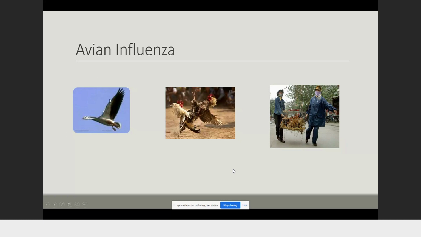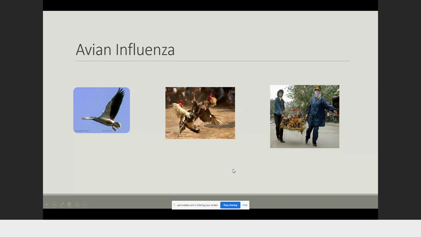This is because wild birds are the main reservoir of avian influenza virus, and most of the time they won't show any clinical signs. Ducks are also one of the wild birds and always show positive for influenza virus.